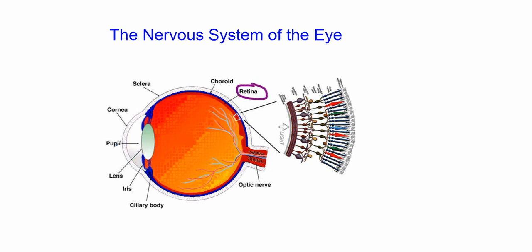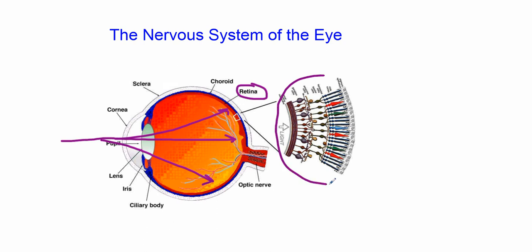The retina is in the back of the eye here. As light comes in and hits the retina in all its areas, it's going to be absorbed by photoreceptors and then converted into an electrical signal. We call that transduction. If you look at the retina really closely, a little section of it looks like this, and it's filled with a bunch of different nerve cells, and we'll go over all of them.